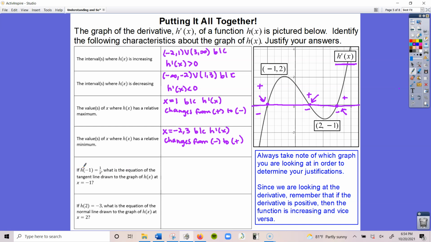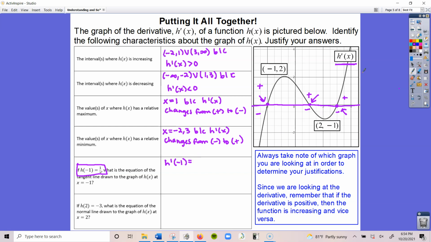Now here we're told if h of -1 is equal to 1/2, what is the equation of the tangent line drawn to the graph of h of x at x is equal to -1? So what I'm given here, this is my point of tangency. What I need is my slope, which is the derivative, h prime of -1.